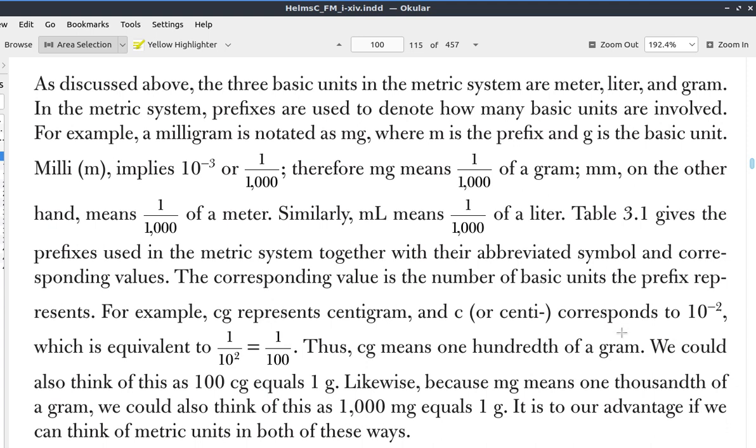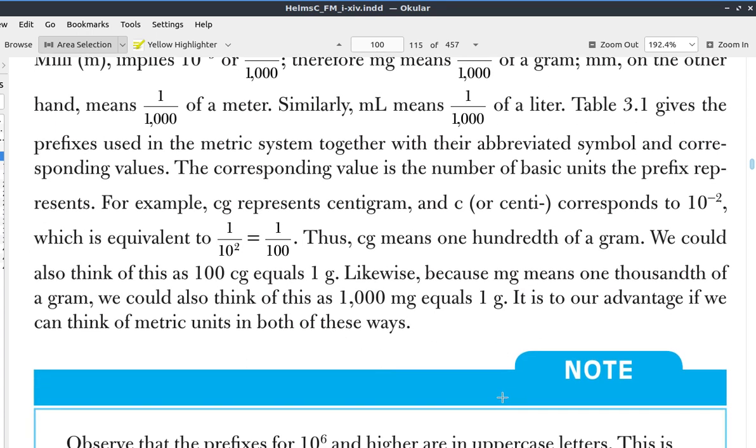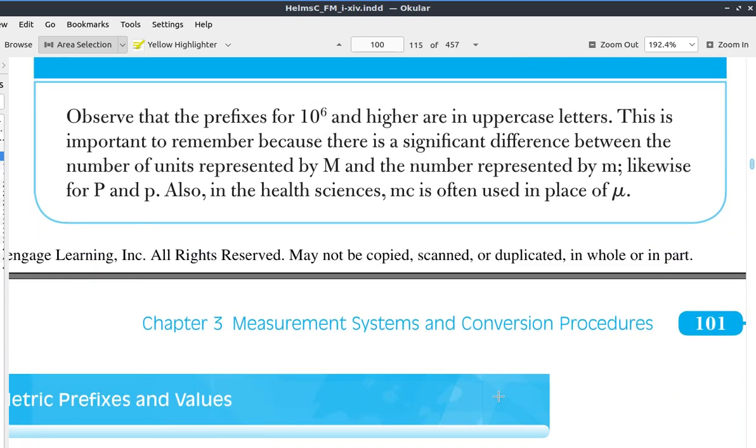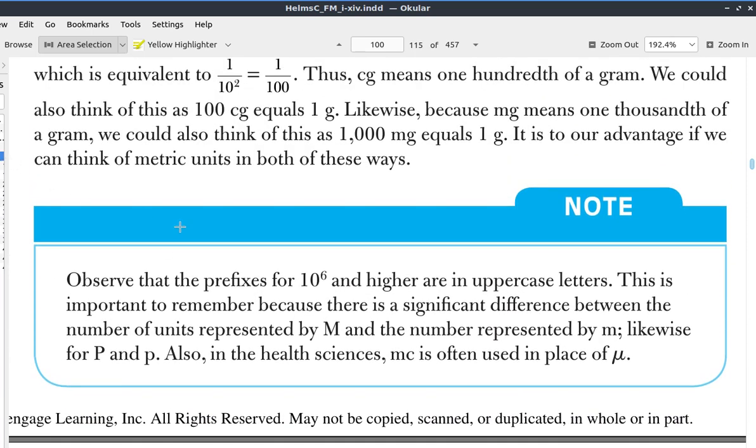We could also think of 100 centigrams equal to 1 gram. Likewise, because mg, milligram, means 1,000th of a gram, we could also think of 1,000 milligrams equals 1 gram. It is to our advantage if we can think of metric units in both of these ways. Alright?